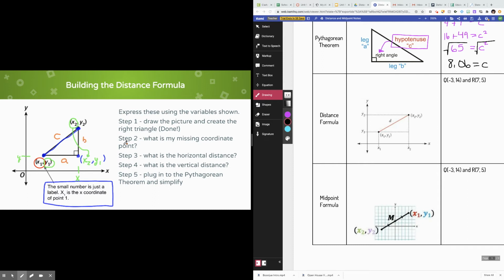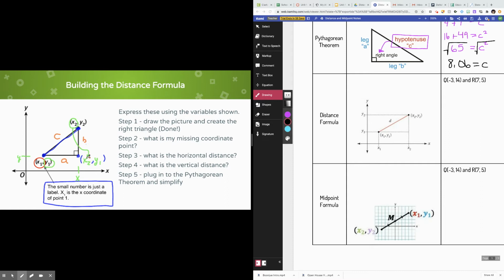But they didn't give us any numbers, so how do we figure out how long this is? Remember, this is just the distance of a straight line, almost like distance on a number line, which is what we did last week.